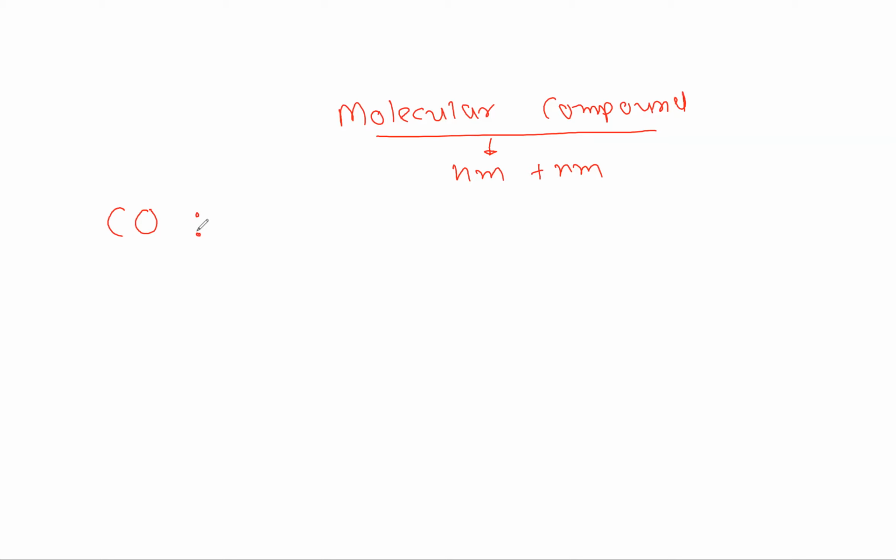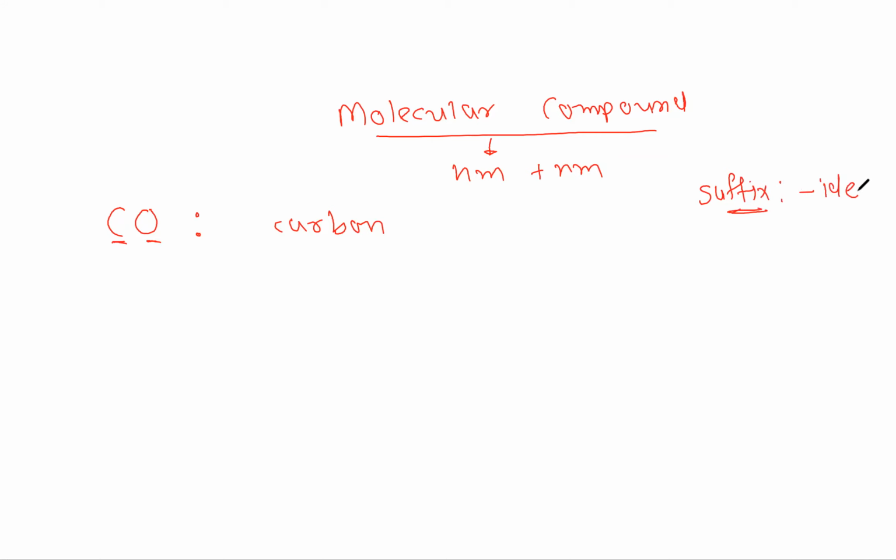Always remember the first element in a molecular compound, you just name it as an element. So C, what do we call C as an element? Carbon. We already know C stands for carbon, so we just put it down as carbon, nothing else. And for the second element, you always use a suffix. Does everybody know what a suffix means? Yes.